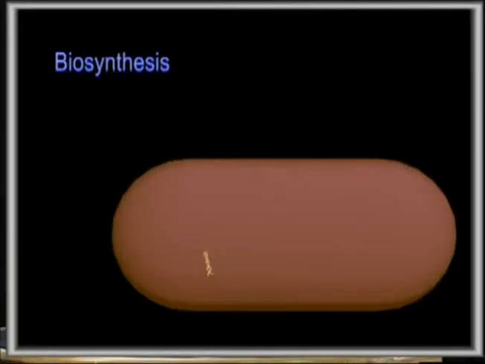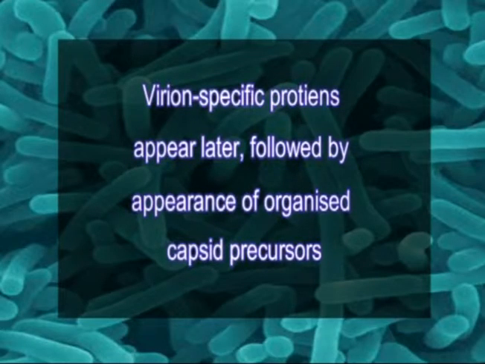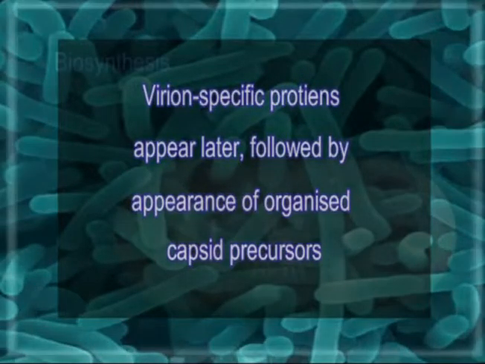Initially, the phage uses the host cell's nucleotides and several of its enzymes to synthesize many copies of the phage DNA. Virion-specific proteins appear later, followed by the appearance of organized capsid precursors, resulting in the formation of mature infectious capsids.